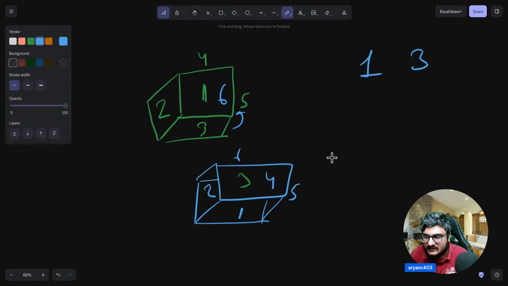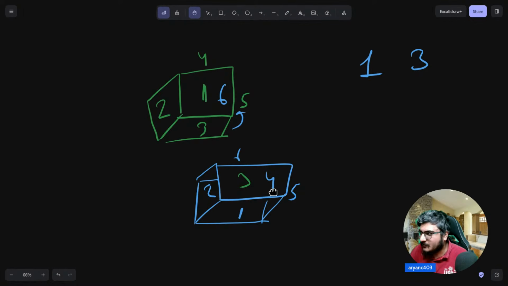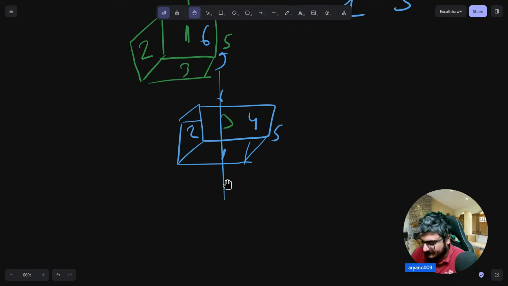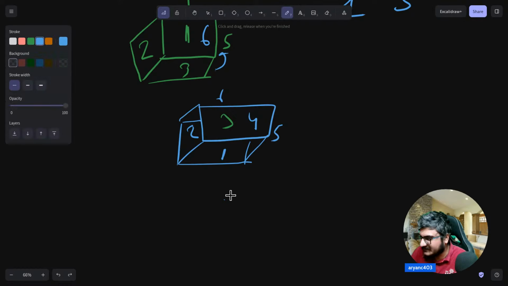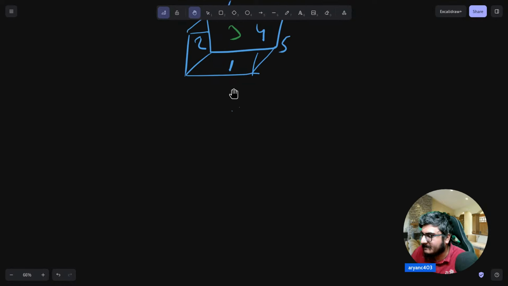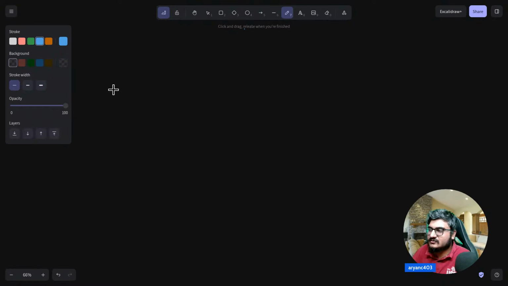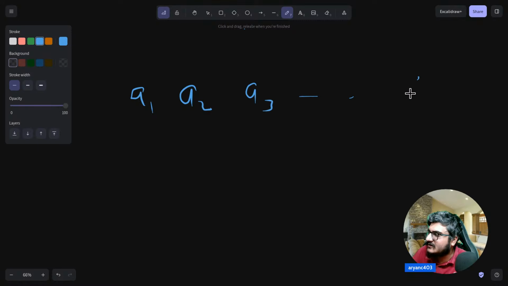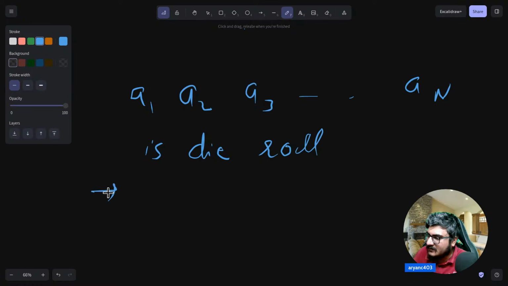Now you can keep rolling it sideways and write all the numbers down. Whatever sequence you get is known as a valid die roll sequence. Another way to put it is that a sequence A1, A2, A3 up to AN is a die roll sequence if no two nearby elements are equal.